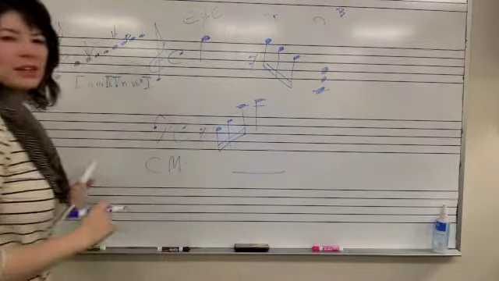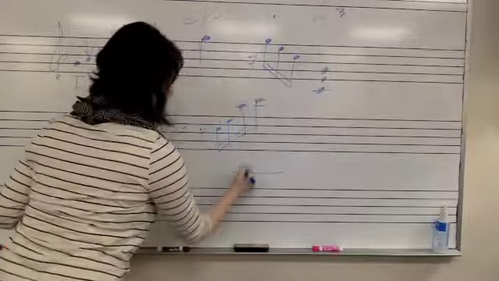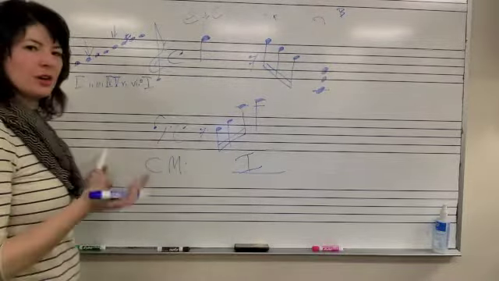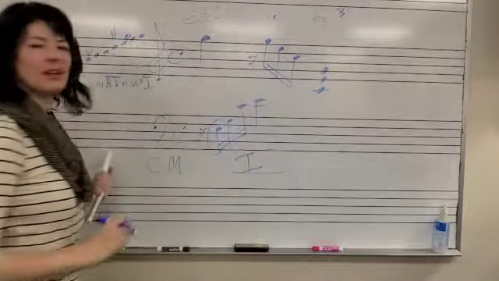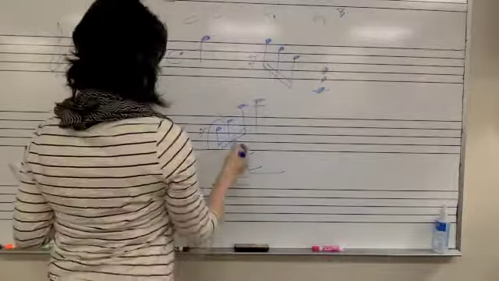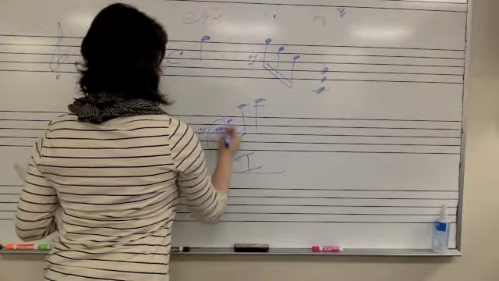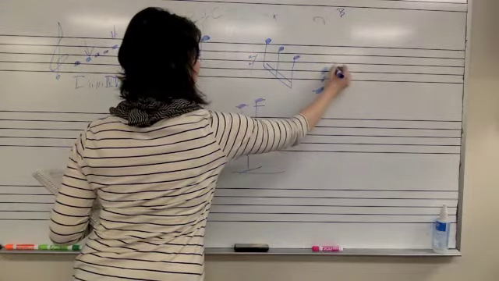So our key is C major, so we've got our C major chord here, so that would be a 1 chord. And then we look at the lowest note in the chord, which is this note right here, right? No lower notes. And this note is an E, which sits in, if you remember, root, first, second.